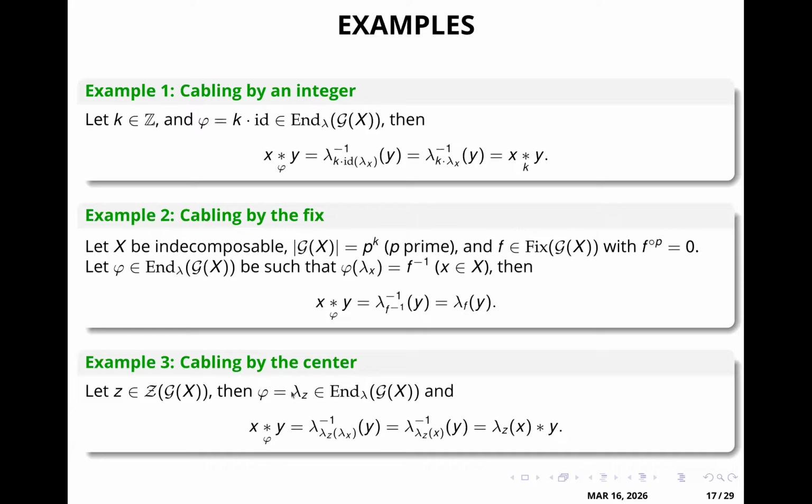So lambda z intertwines all lambdas, and we get a new cycle set by replacing left multiplication by x with left multiplication by lambda z of x.